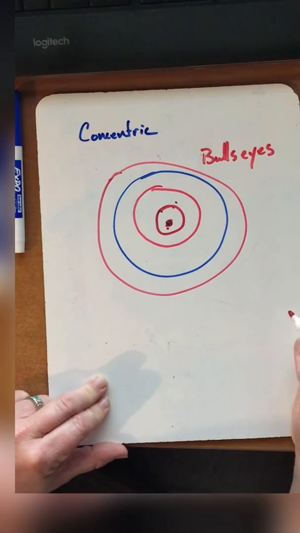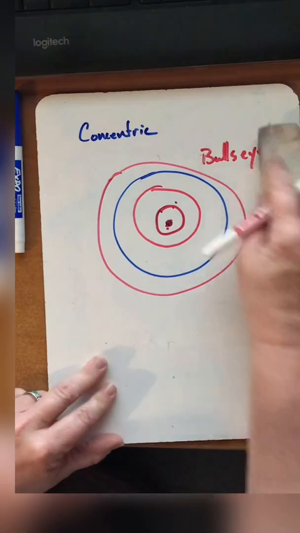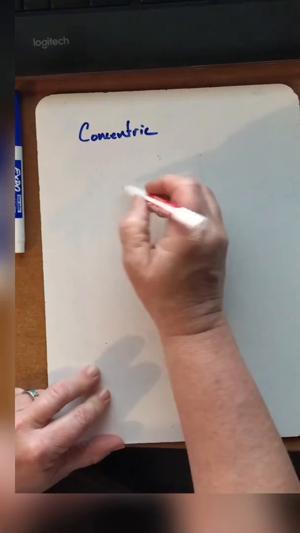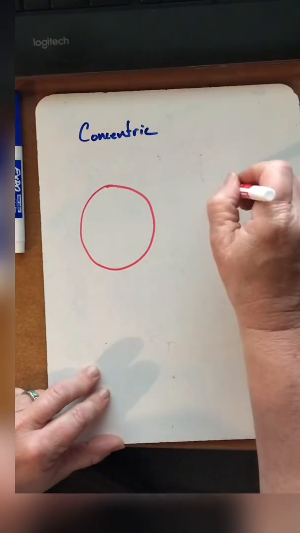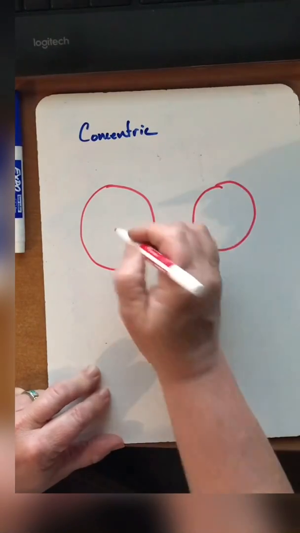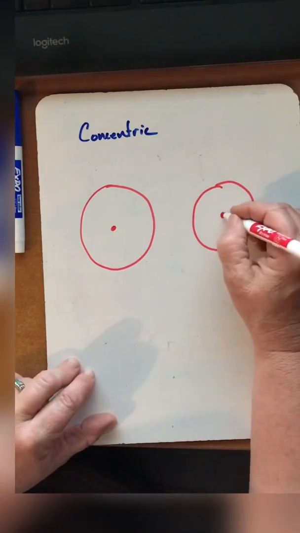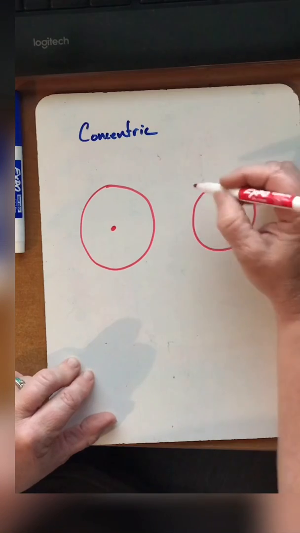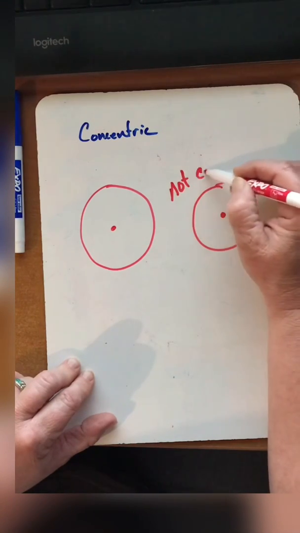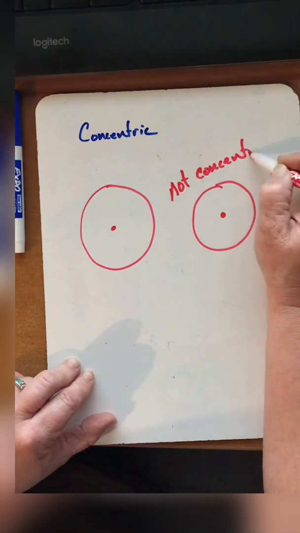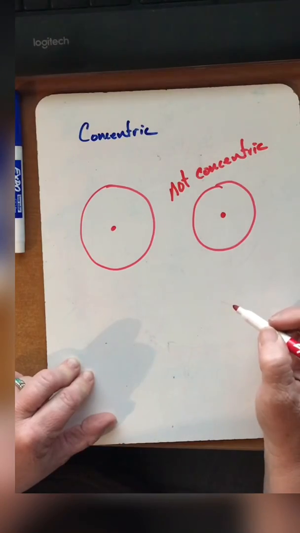If you have two circles, but they have different centers, or their centers are not in the same exact location, these are not concentric. They're just circles.